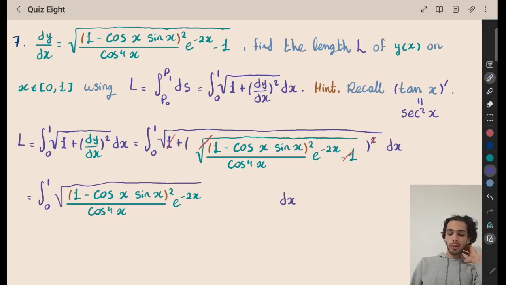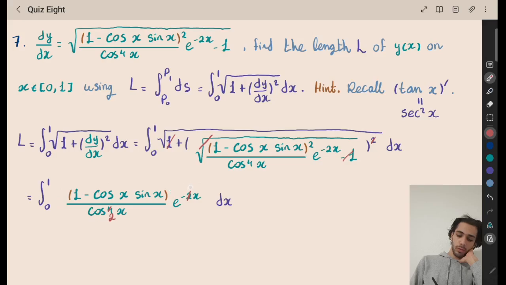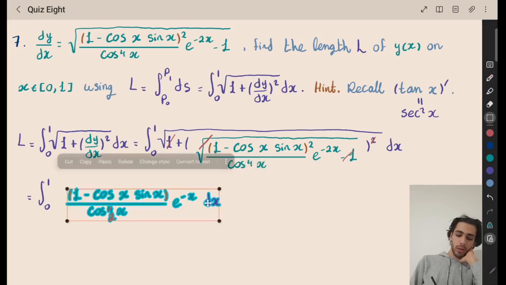I mean, everything here is the power of 2. So this cancels out with the 2. Also cancels out with the 2 that's here. And this cancels out, becomes a 2. Now this is just simple, taking the radical and then everything works. So e to the minus x is on the outside.